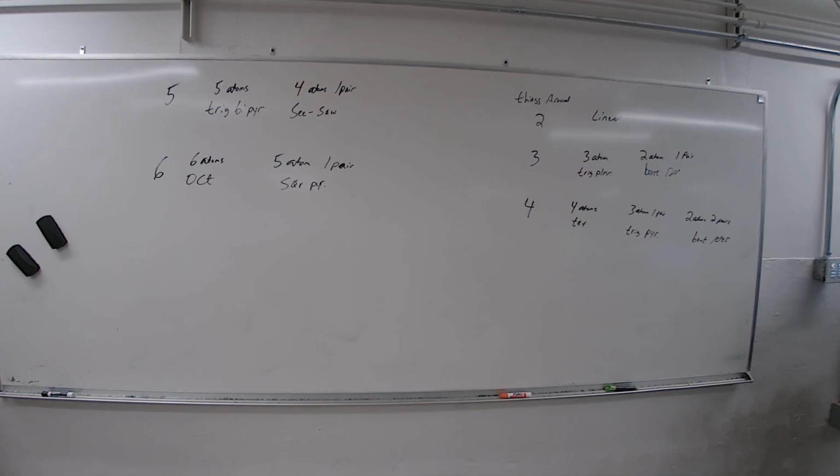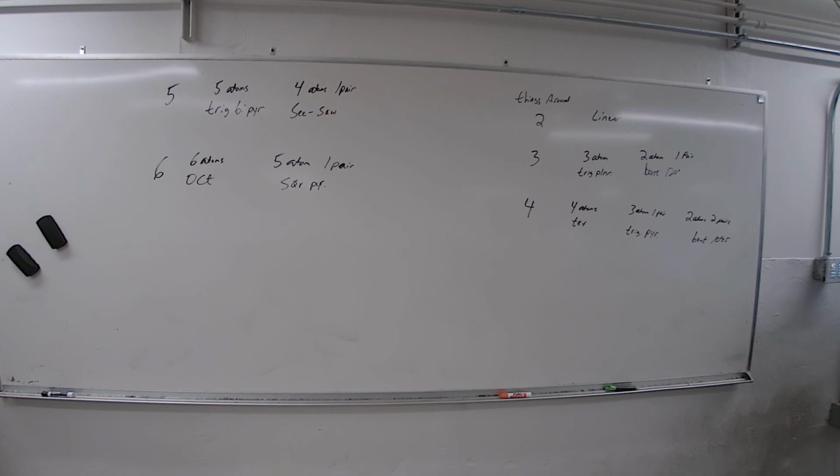See, but I only know this because I'm looking at the chart. How many things around? 5 atoms, no pairs, so that one's trigonal bipyramidal.